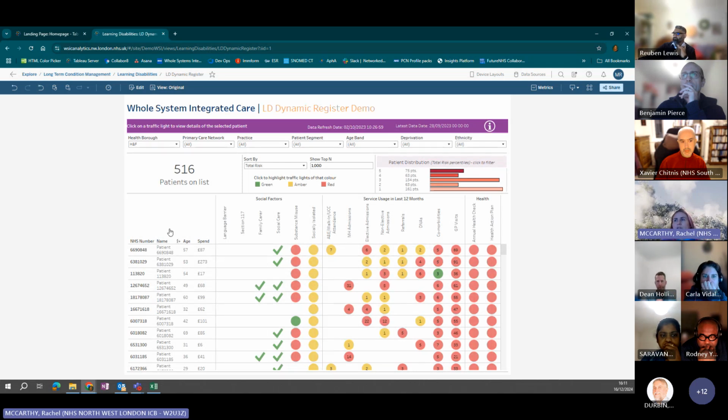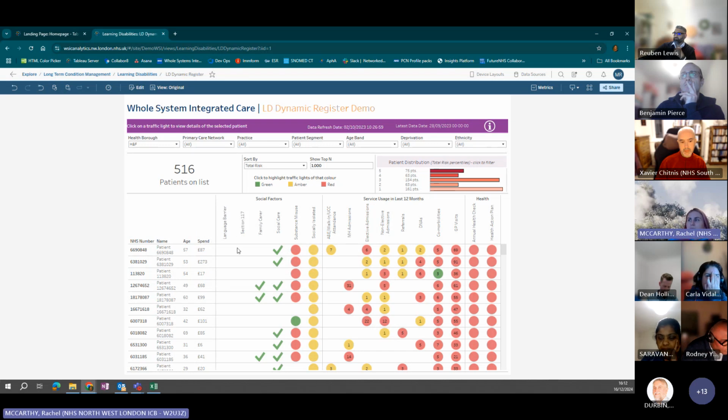So on the dashboard, we have the list of patients that meet the criteria for the H&F borough. This is obviously our demo site again, but we've got the NHS number, their name, their age, and then the spend, which is calculated based on a number of different areas, but this is specifically around the LD patient groups.